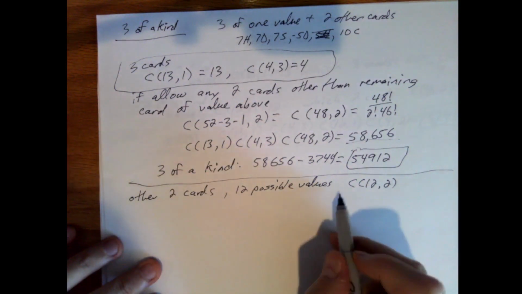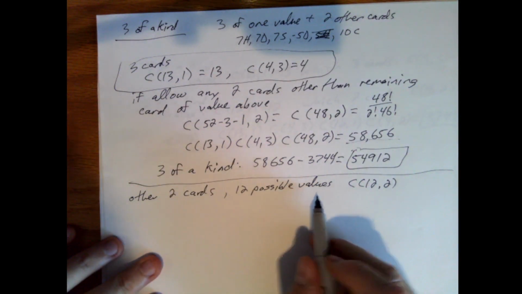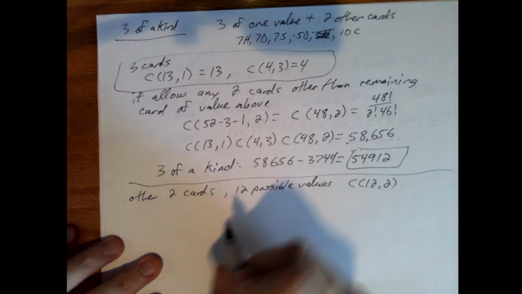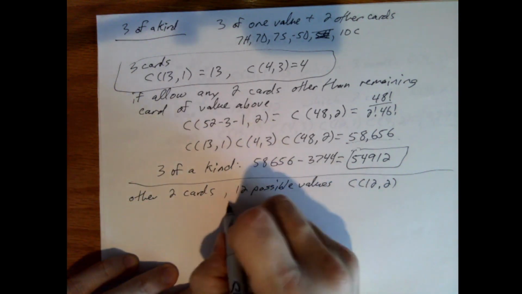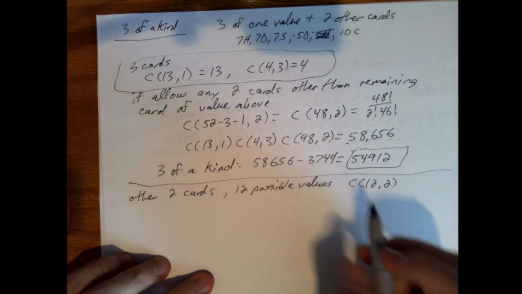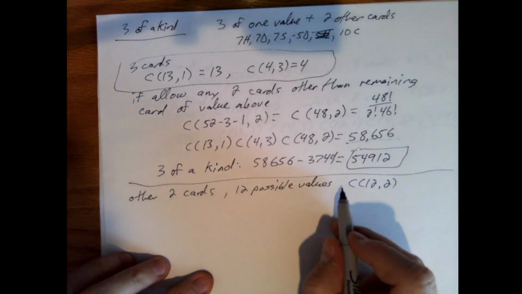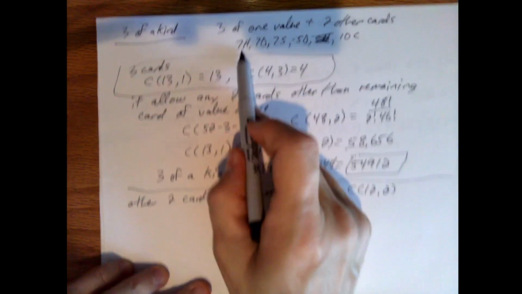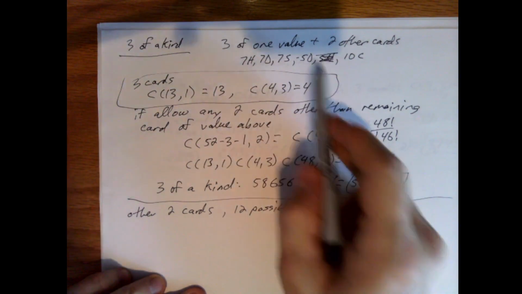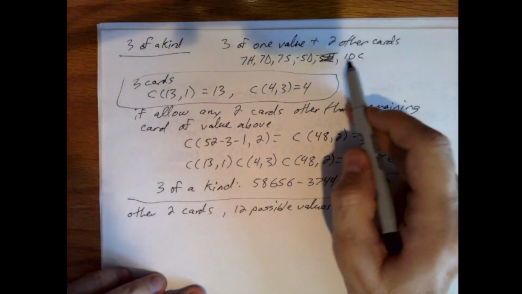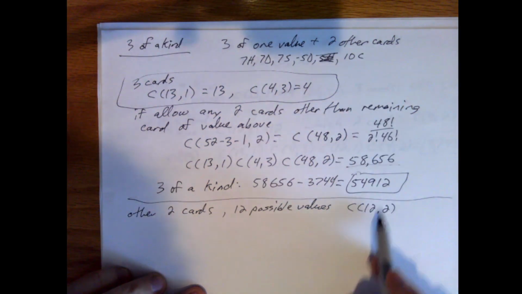But they're of 2 different suits, okay? So what are we doing here? When we say 2 other cards here, we're saying, like, if I picked the 7s here, out of the other 12 possibilities, maybe pick a 5 and maybe pick a 10. So these would be 2 different values.